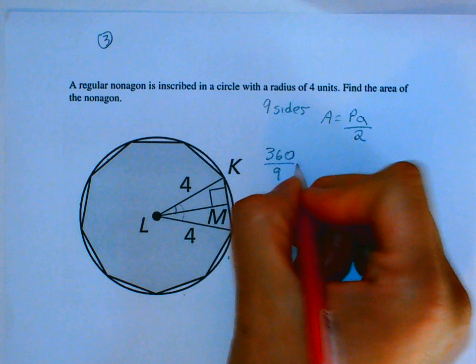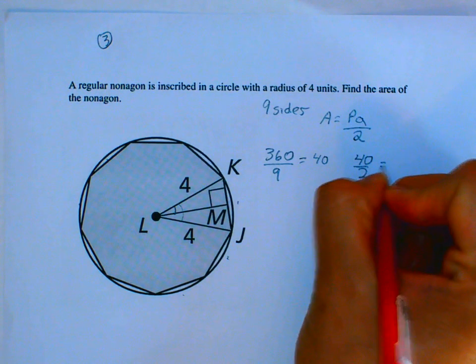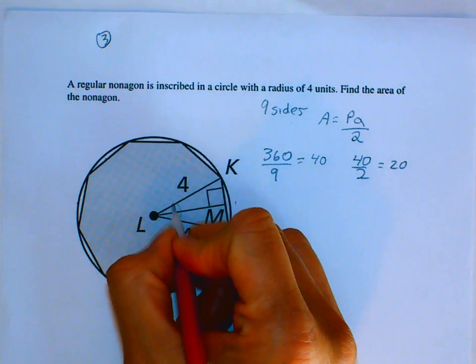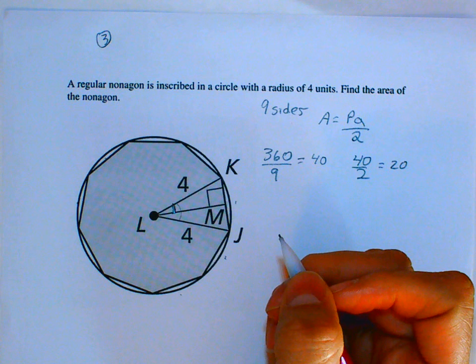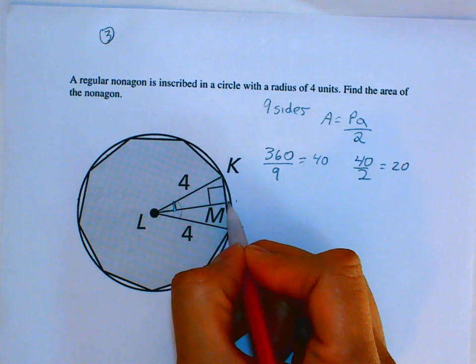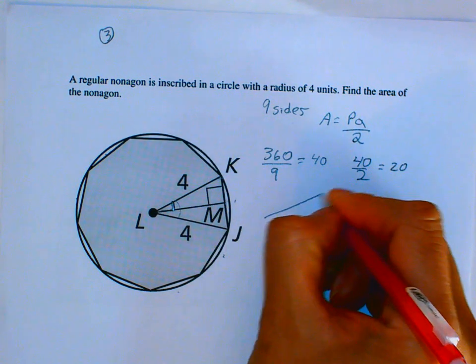That means that half of that is equal to 20 degrees. So this angle right here is 20 degrees. So I'm going to focus in only on this little piece right there. Okay, so let me redraw that.